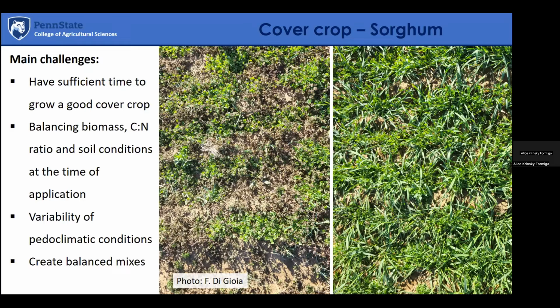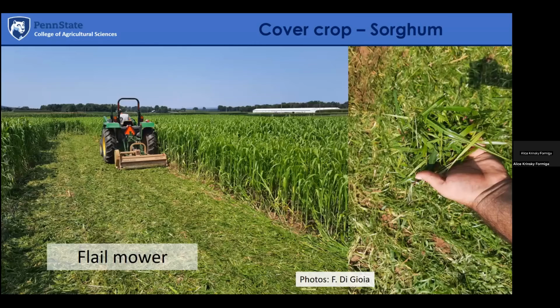So understanding the right proportion of different species that you should mix together in your area is critical. It's a challenge, but it's important for the success of your cover crop and its use as a carbon source.